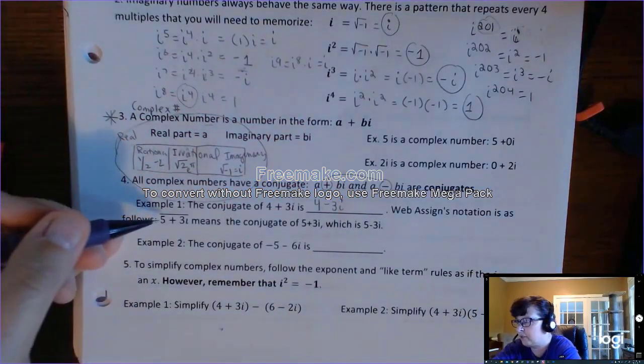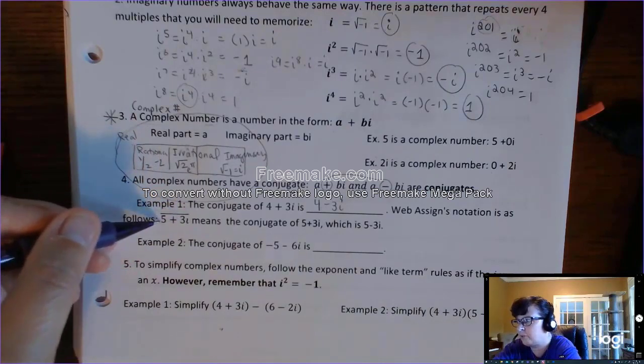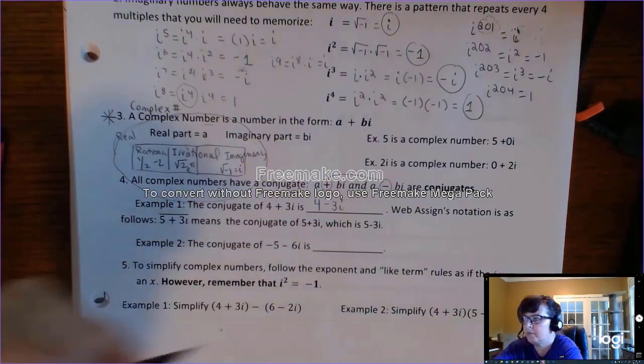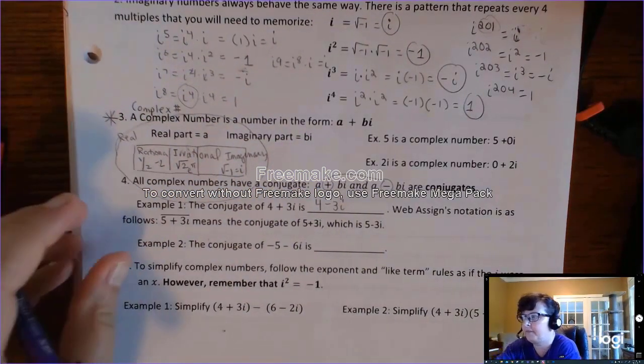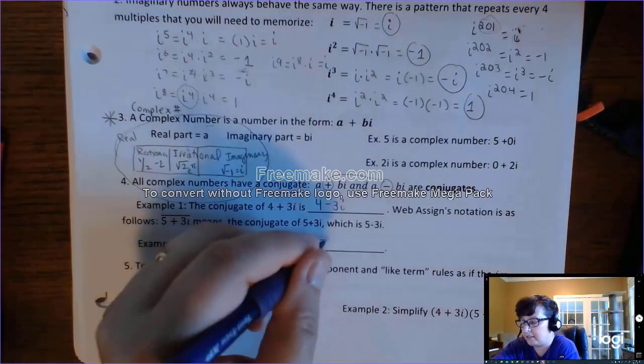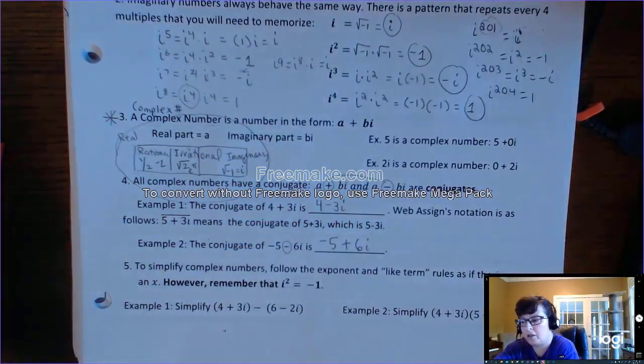WebAssign uses this notation, 5 plus 3i with a bar on it. If you see that, that means what is the conjugate of 5 plus 3i, and that's 5 minus 3i. What would be the conjugate of -5 minus 6i? Remember, the real part stays the same, the imaginary part changes. So those are conjugates of each other.